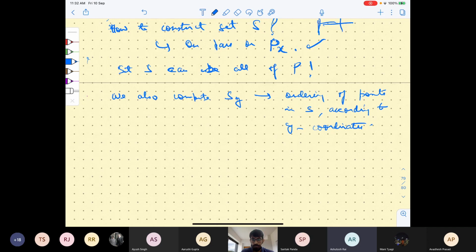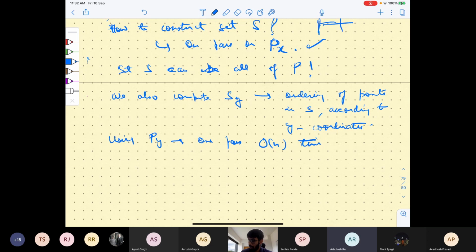From Py. Correct. Using Py, you go through Py and see whether the x coordinates actually lie within distance delta from the line L or not, and if they do, you add them to Sy. So again, one pass, order n time. Good. So all this combination has taken order n time only, right?